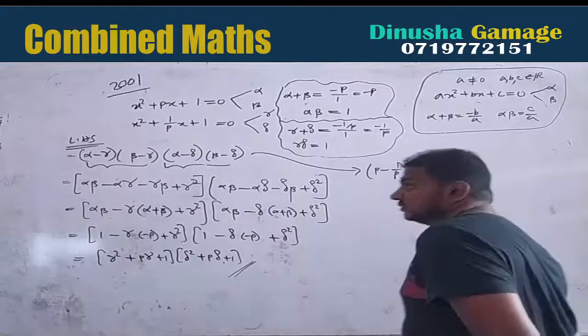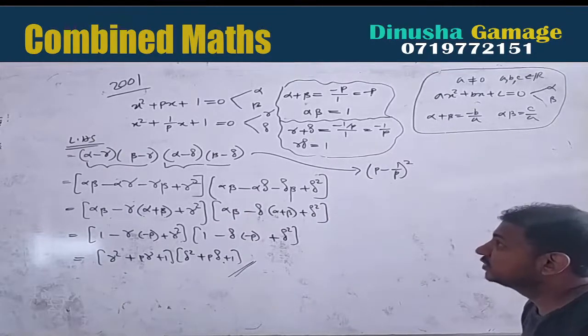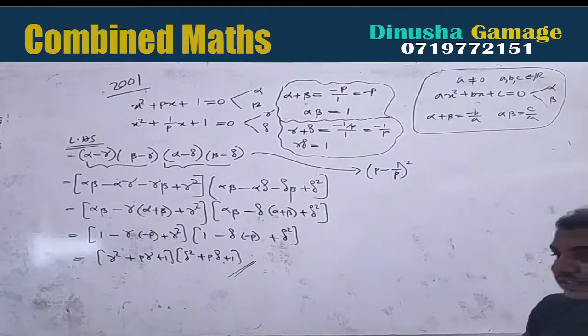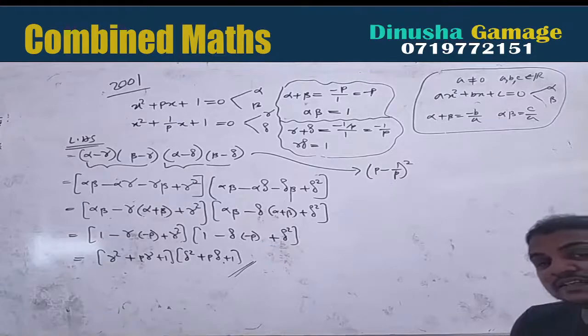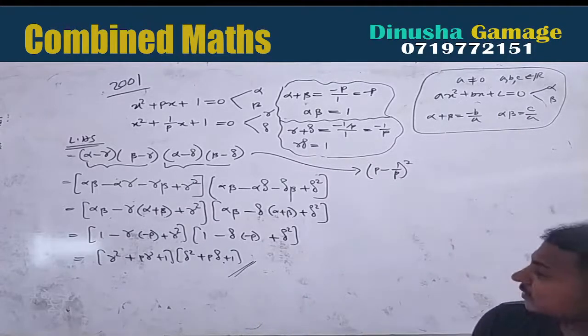Is that clear? I think so. Here I simplified the first two brackets and the last two brackets, right? The first two brackets include gamma squared, because the answer includes gamma squared. So I have seen that.